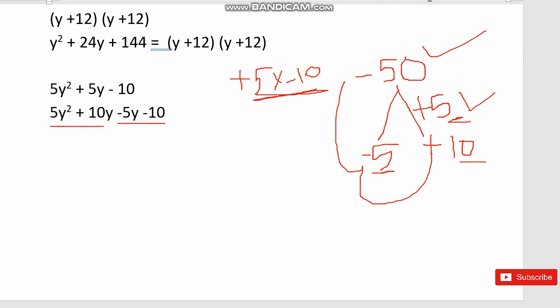Now in these 2 groups, we take 5y as common. Here 5, here also 5, here y, and here also y. So take 5y as common, and in the bracket we write y plus 2, since 5 into 2 is 10.